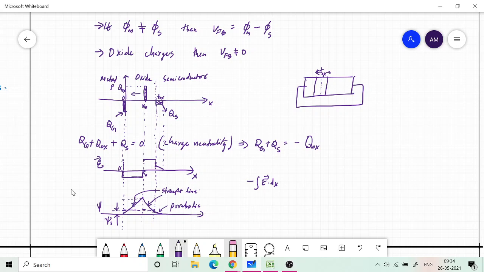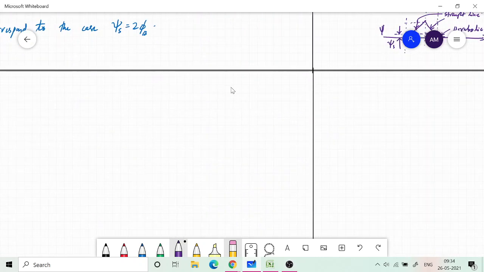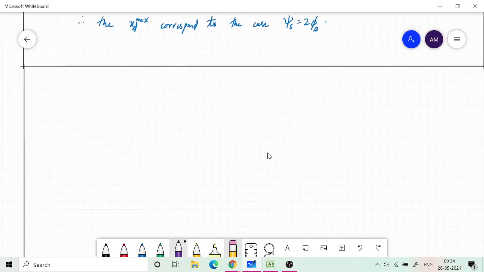First of all, I am going to draw the Fermi level. Oxide region, and then the Fermi level continues.